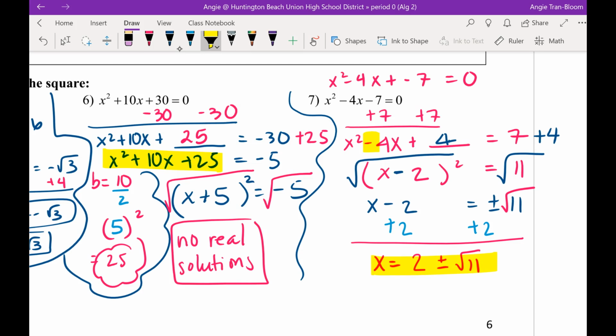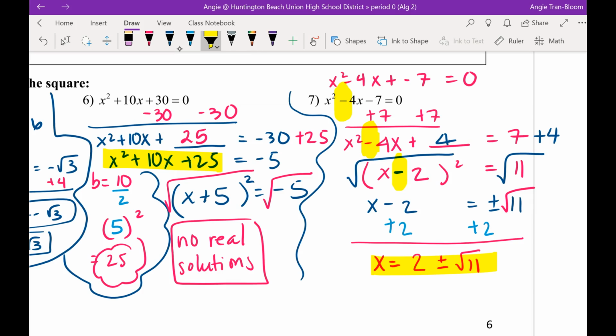Ben V, why is it x minus 2? Because there's a minus in the equation right here. So if there's a minus in the equation, it has to be x minus 2.